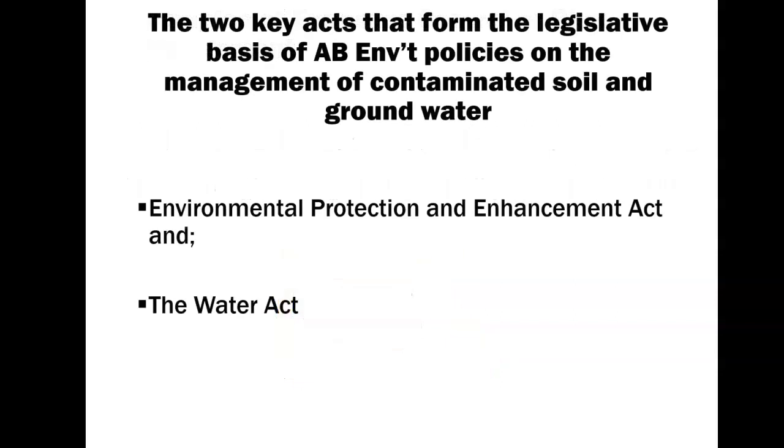There are two key acts that form the legislative basis of Alberta environment policies on the management of contaminated soil and groundwater, and those are the Environmental Protection and Enhancement Act, as well as the Water Act.